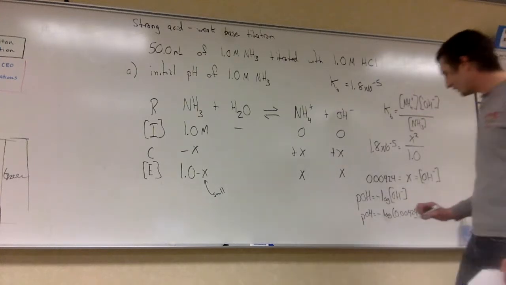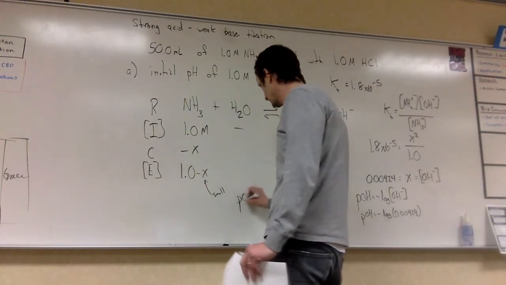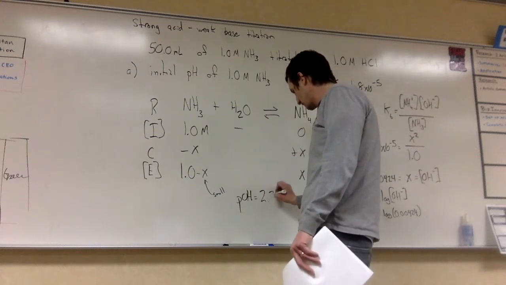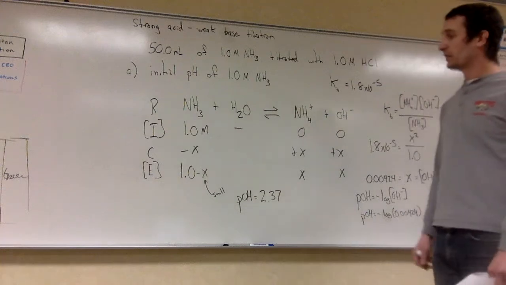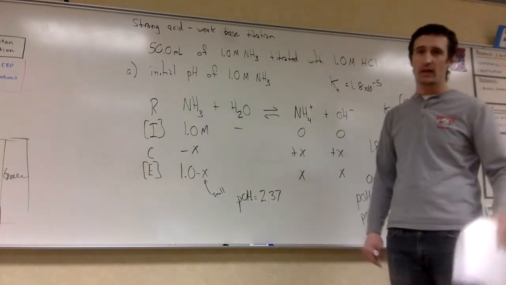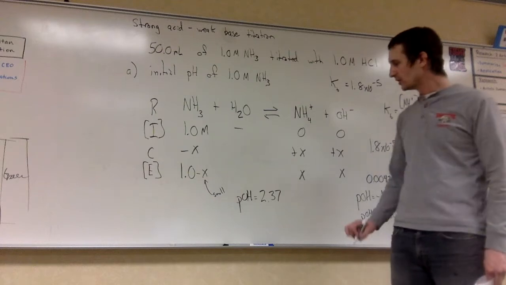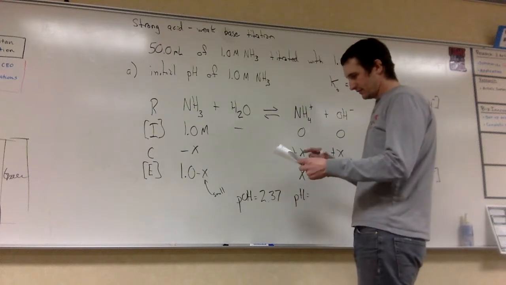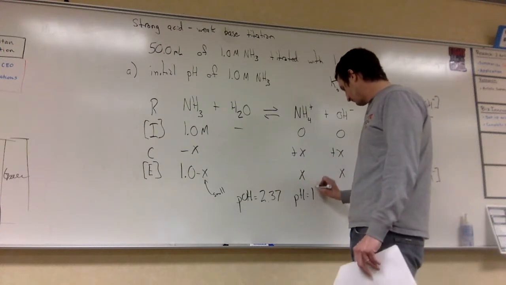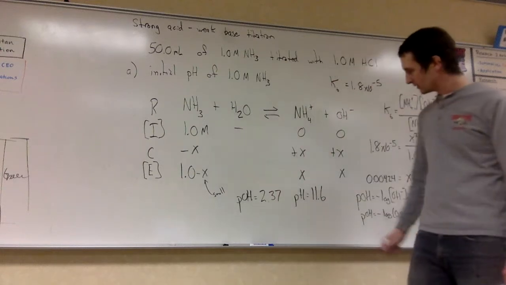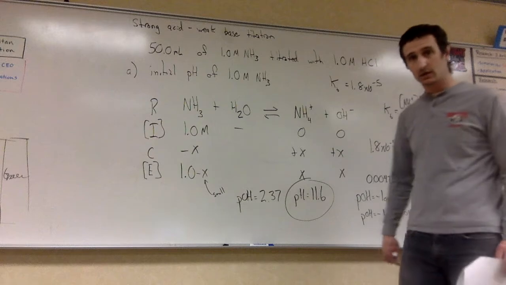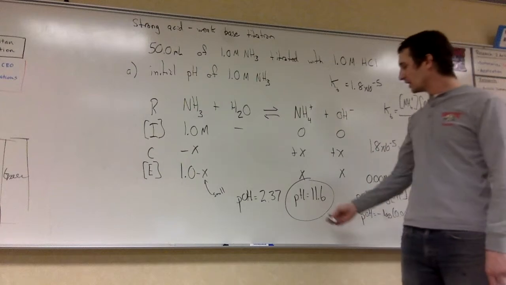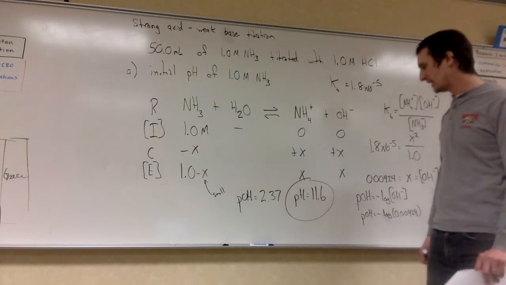I got that pOH is equal to 2.37. And if you remember, pH plus pOH is always equal to 14. Therefore, pH is equal to 11.6, rounding to 3 significant figures. So step 1 is done. I know the initial concentration of the ammonia, and I can use that to calculate the pH.